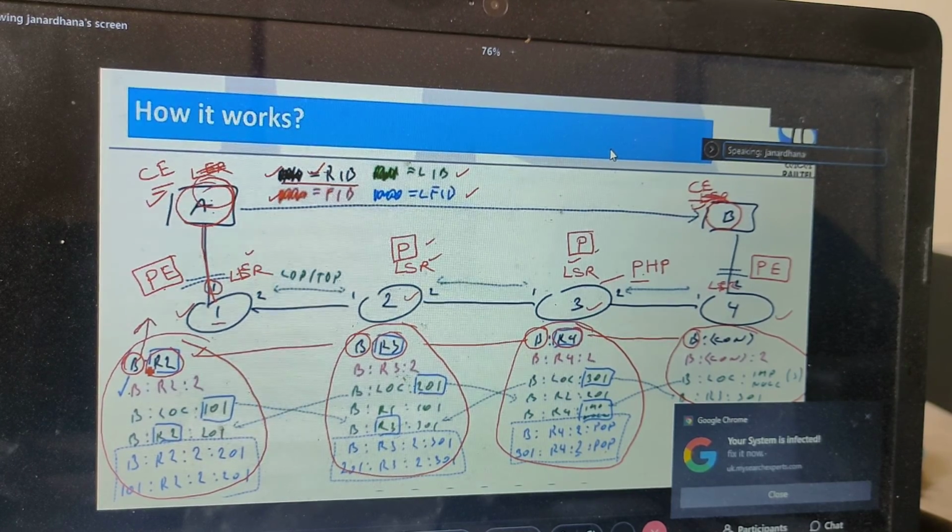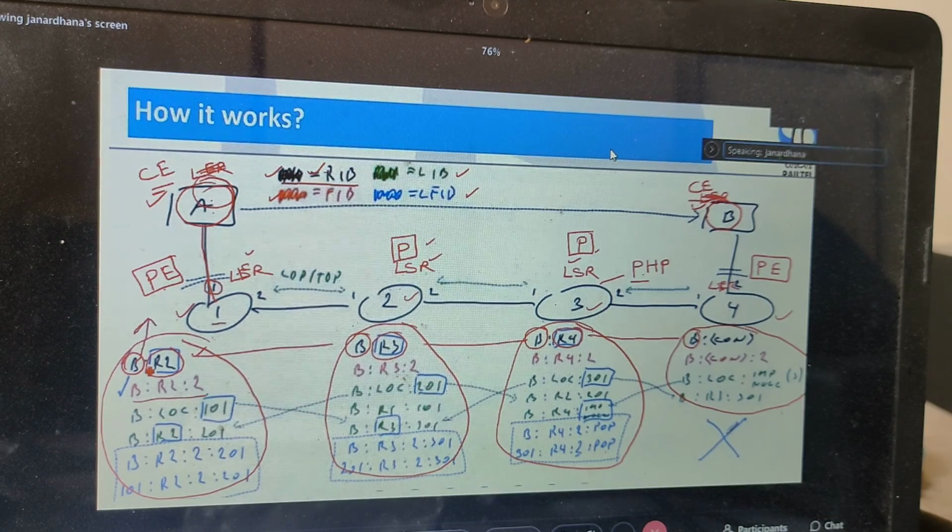The second line, B colon R2 colon 2, what does it indicate? This router knows that whatever it has to send to router number 2, it has to go to interface number 2. Because it may have so many interfaces, but it must say on which interface it has to deliver.